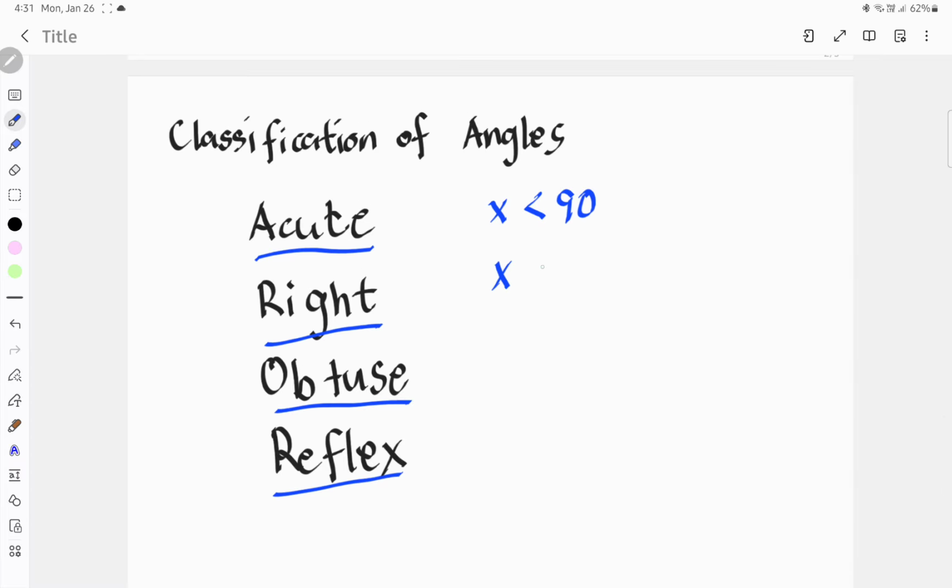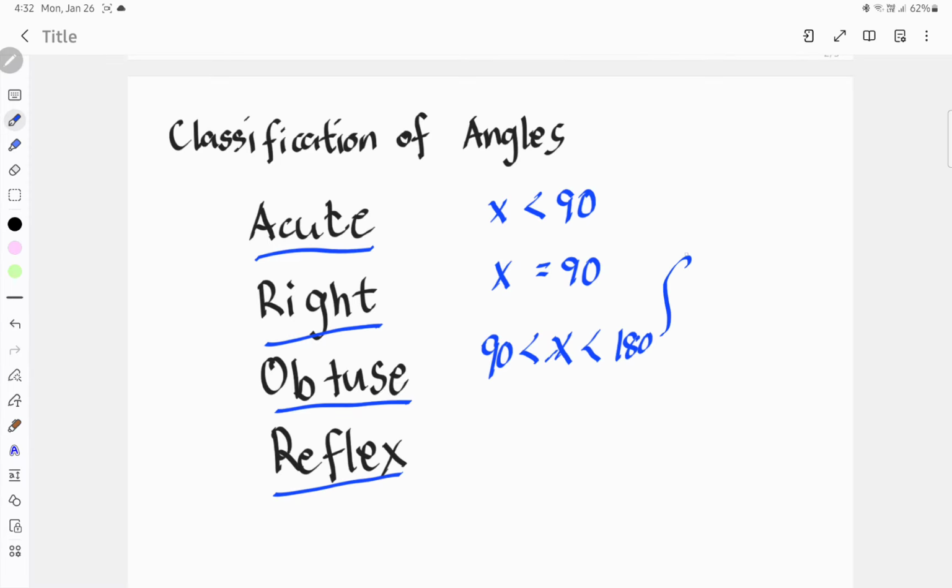For a right angle, x should be equal to 90. In the obtuse, x should be greater than 90 but less than 180.